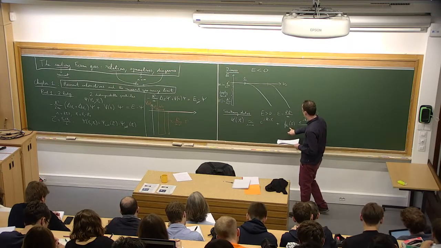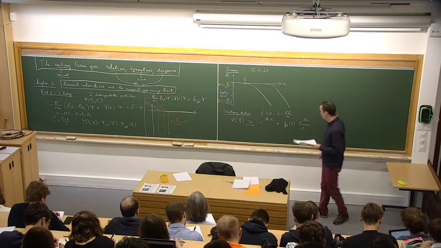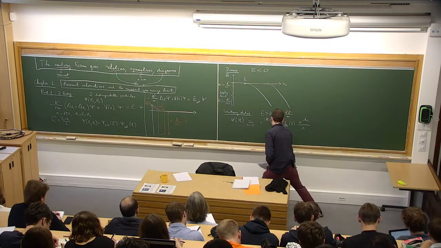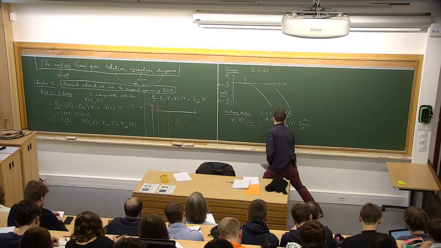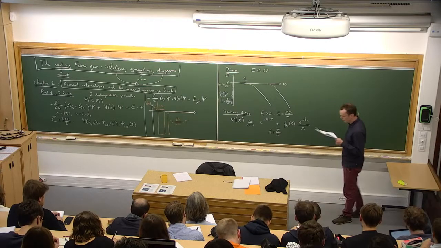And this thing is called the scattering amplitude, and r hat stands for the unit vector r divided by the norm of r.